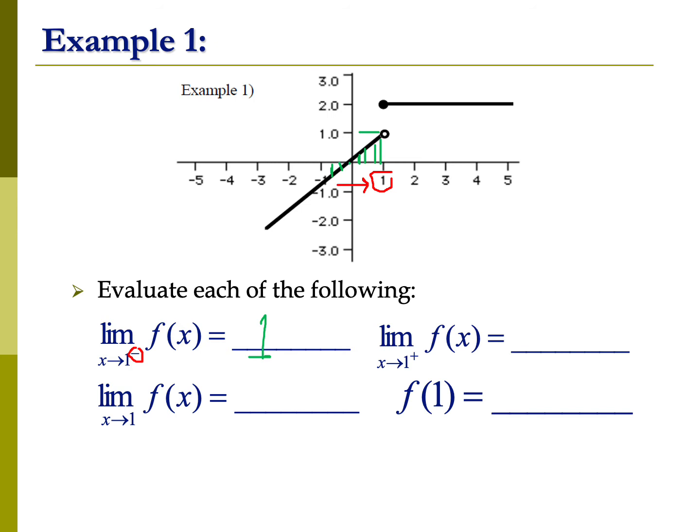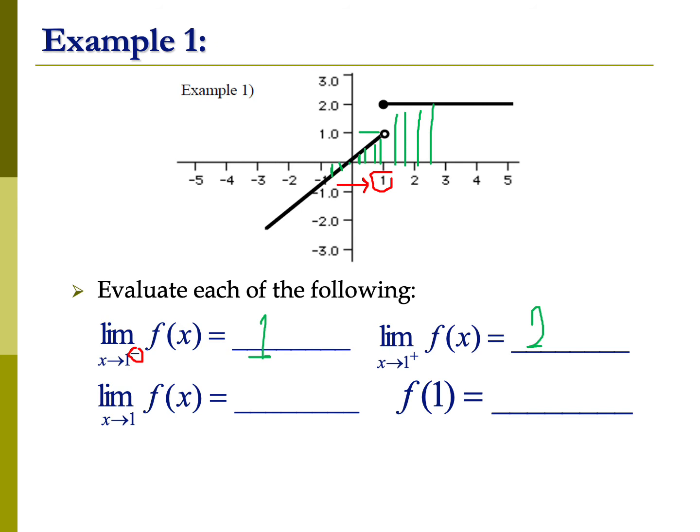Now let me start limits from the right. I can start from any point like 3 or 4 or 5, it doesn't matter, but it's better to start from a number close to 1. Let me start from 2 point something. So the height is 2. Also at 2 the height is 2. So there is no change in the height. That means all heights are 2.